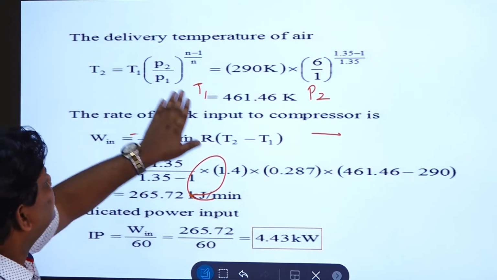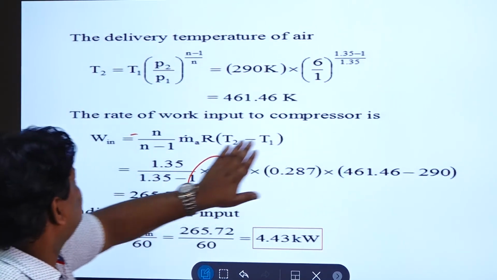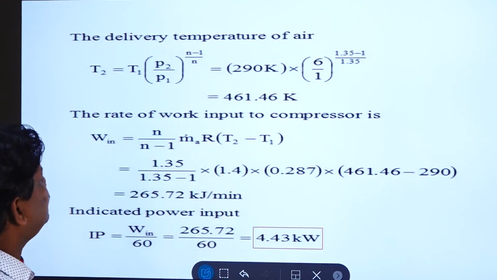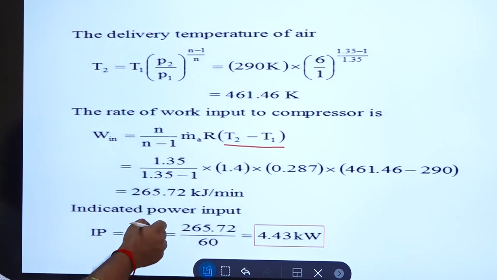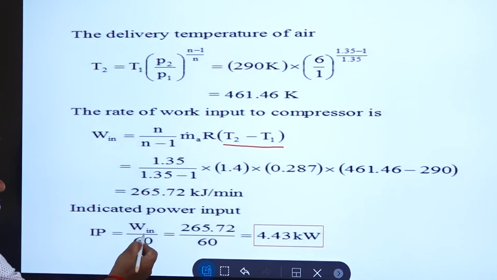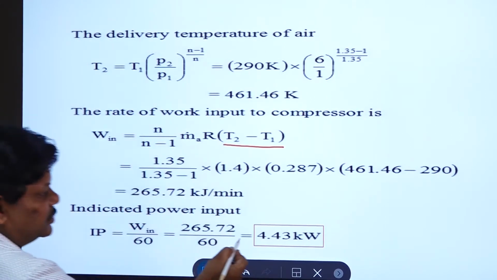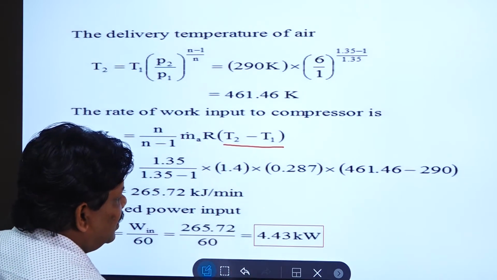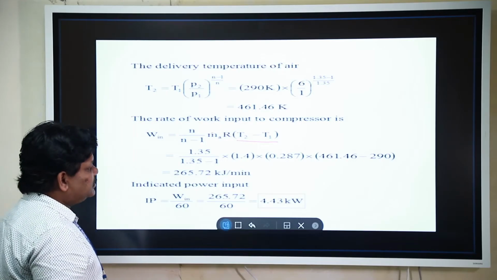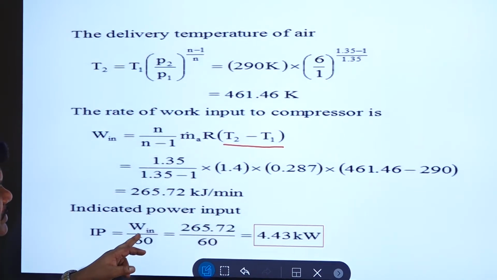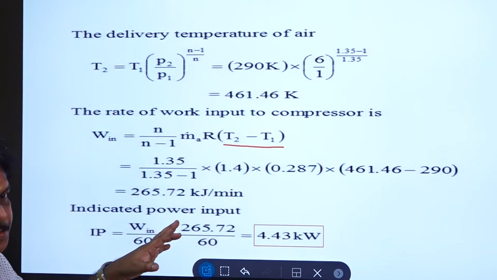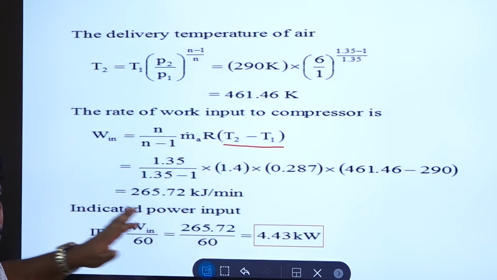From this you find T2, then substitute it to find the value of W_in. When you divide that by 60, you get 4.43 kilowatt. This was given per minute, so dividing by 60 gives kilojoule per second, that is kilowatt.